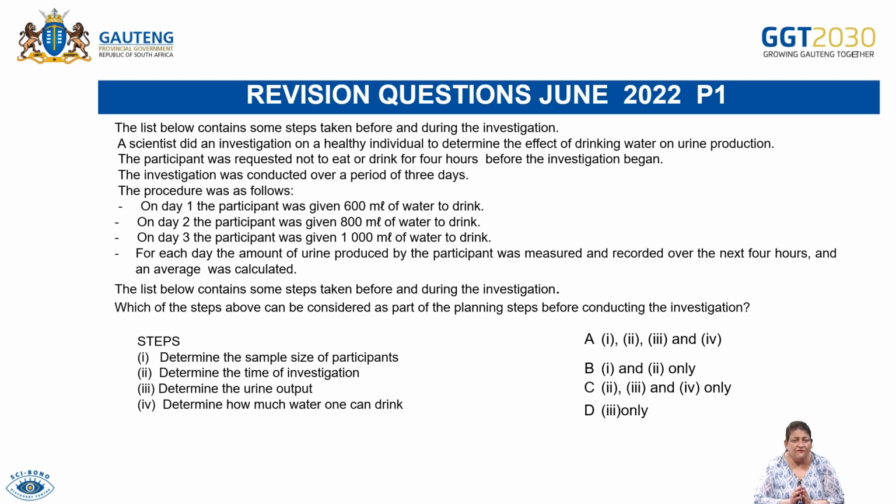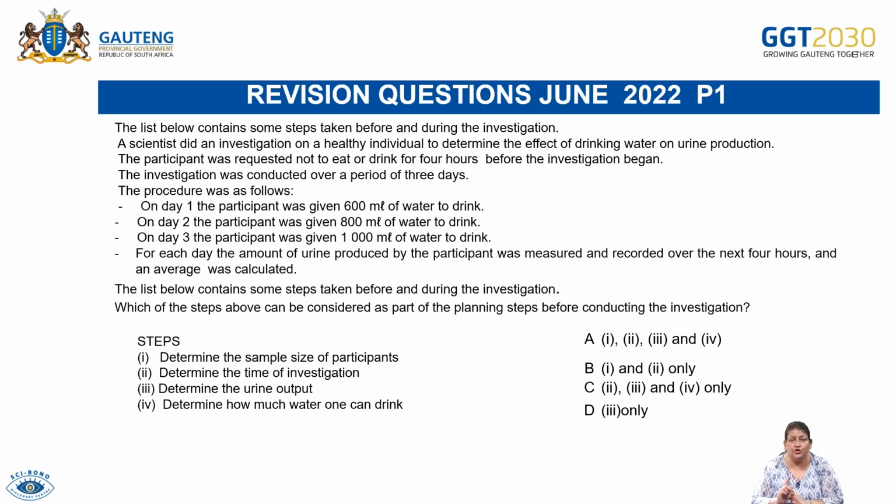And children, for every investigation, there will always be a scientist did an investigation on whatever to determine the effect. Okay, to determine the effect. So to determine the effect of drinking water, that first part, is your independent variable. That's what you can control. You can control how much water you're going to give an individual.